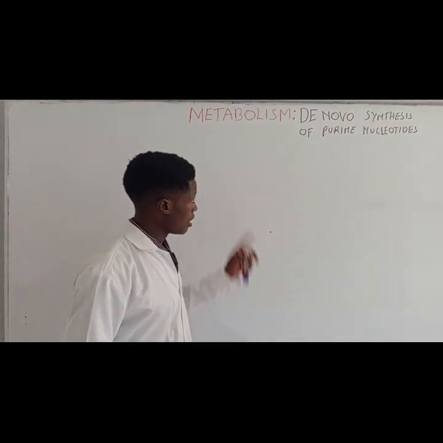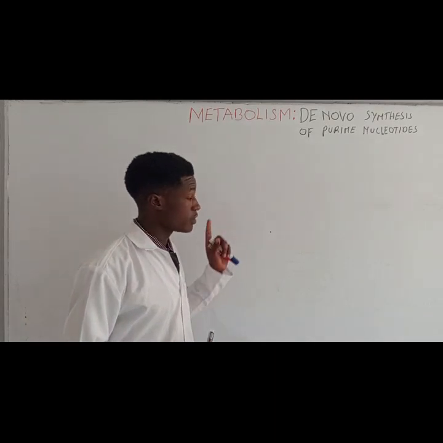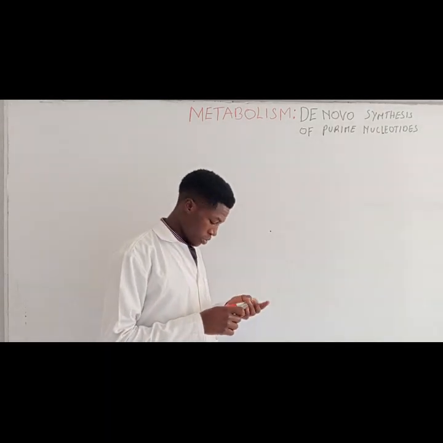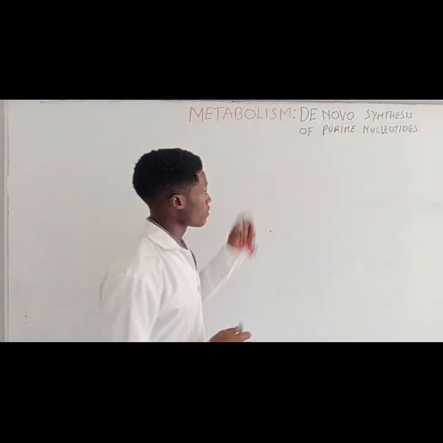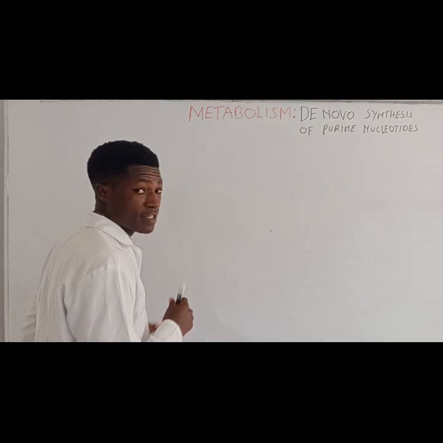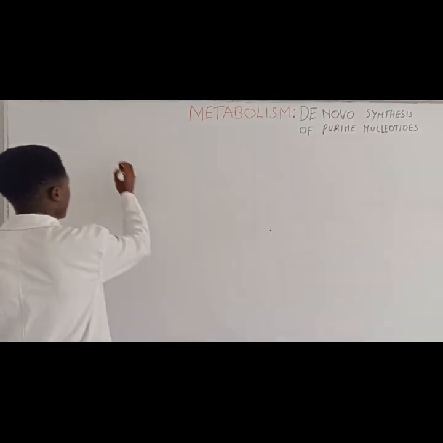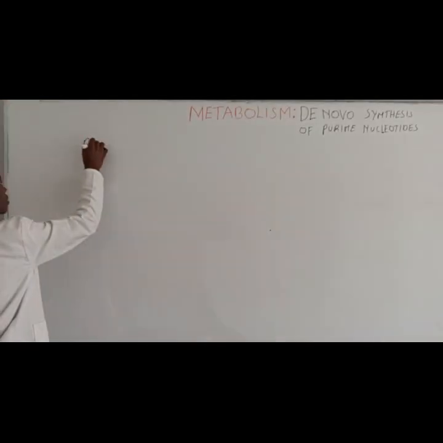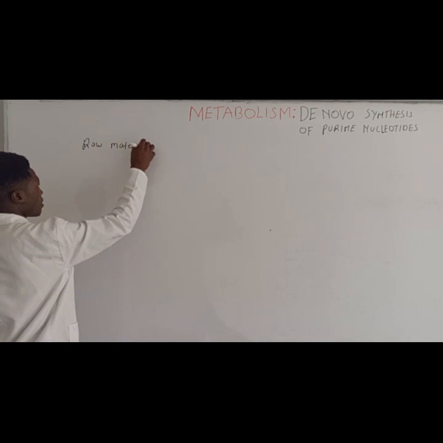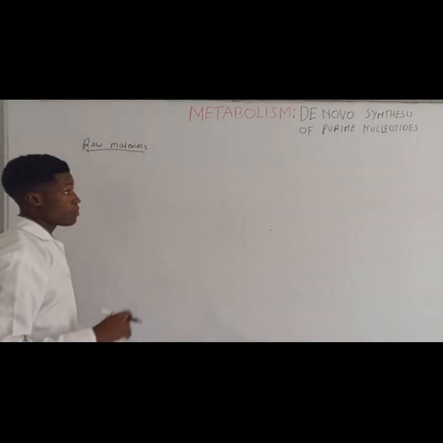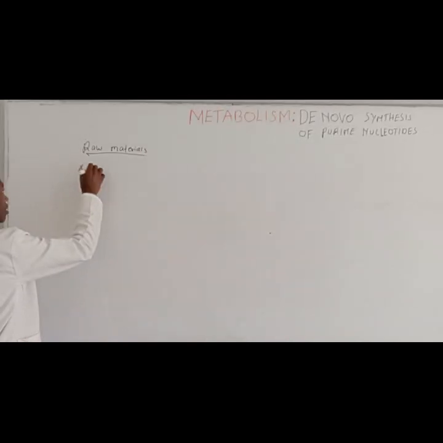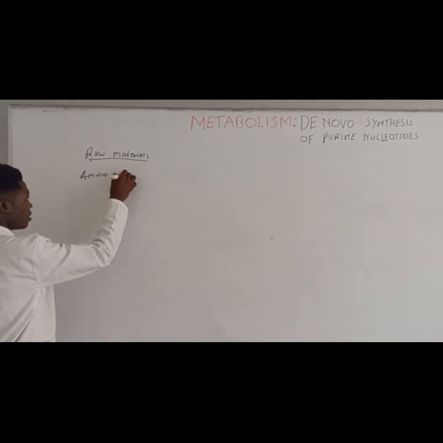Just as we have said, the de novo synthesis occurs inside the liver, and there are particular raw materials that are going to help us in the synthesis of these purine nucleotides. So, let us first list the raw materials. Number one, we are going to have the amino acids.